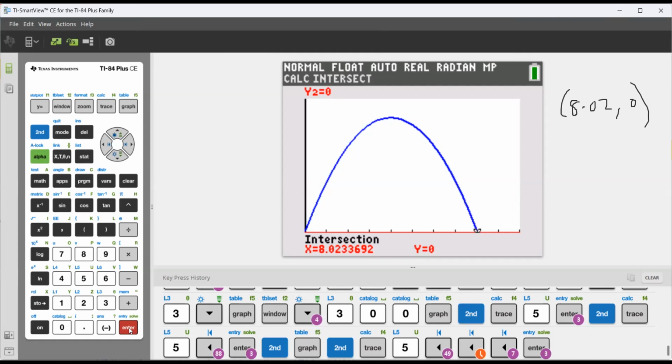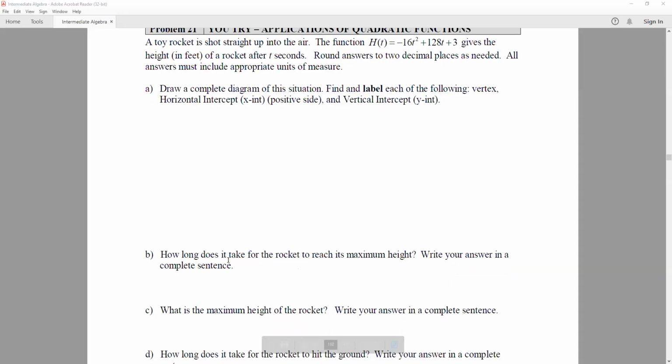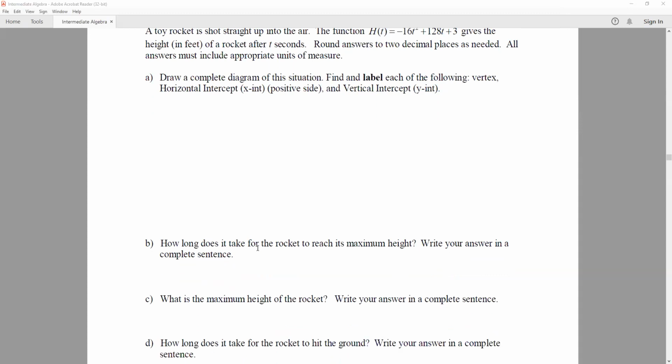Now, with that, we're going to go back to the workbook and look at the questions we've got. The first question, how long does it take the rocket to reach its maximum height? The maximum height again is the vertex. And what did we get for the vertex? I'm going to write it again.